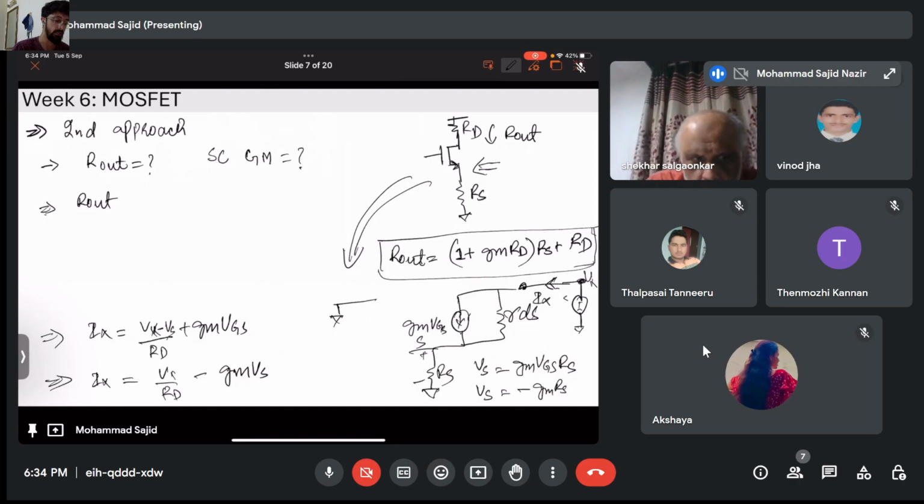I have shown this in the previous session, right? Do you remember? So this is Ix simply here. This will make this simpler to solve. So Vs will be Ix times Rs. So Vs is equal to Ix times Rs. Is this correct?